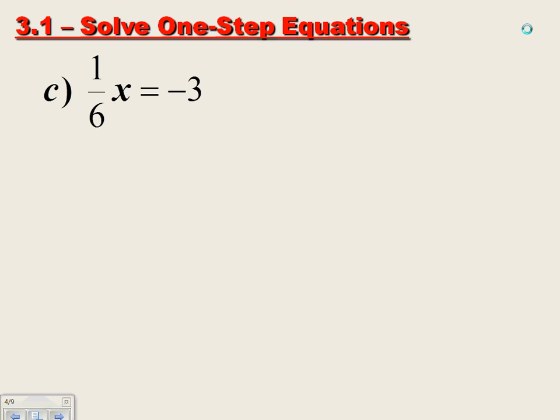If you guys forgot how to fraction bust, basically you multiply both sides by the reciprocal of the fraction. In this case, the fraction is 1/6, so the reciprocal would be 6 over 1. So you multiply both sides by 6 over 1. The fractions cancel out there. So you have x equals negative 18.